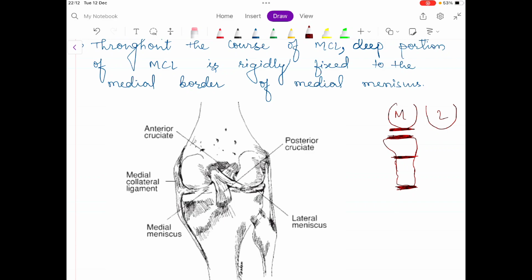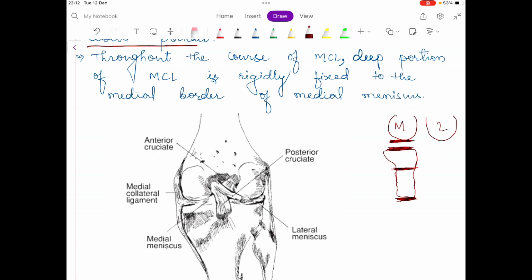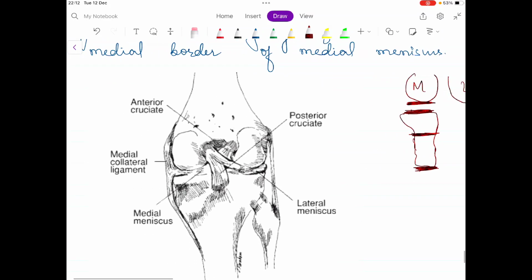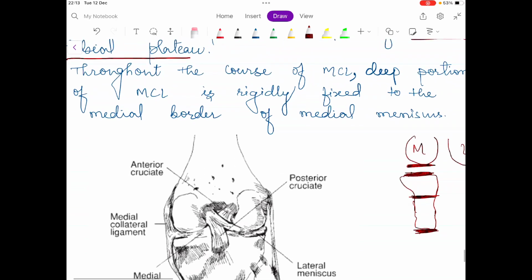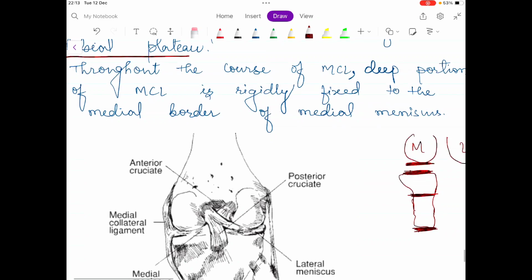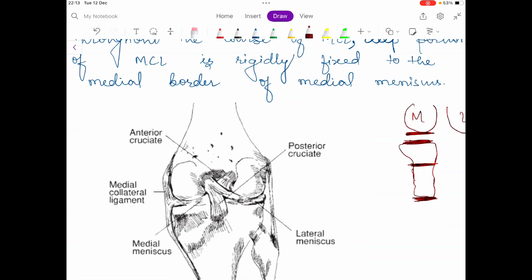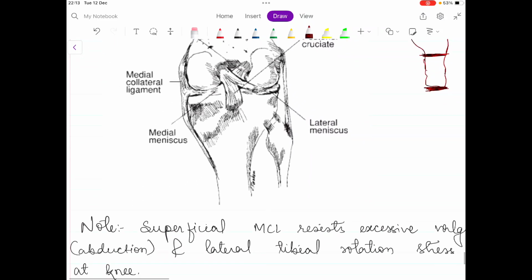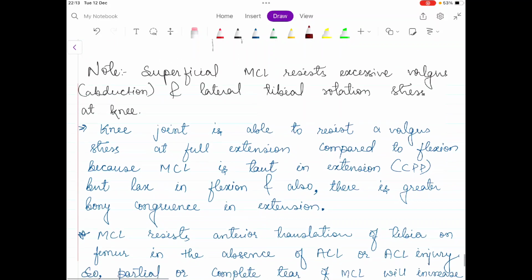We have already talked a lot about the medial meniscus, so here is just one line, as you can see in this diagram too. This one here is the medial meniscus, which is just lower to the medial collateral ligament. In this diagram it is very clear. So throughout the course of the MCL, it is rigidly fixed to the medial border of the medial meniscus. Now let's talk about our next point.